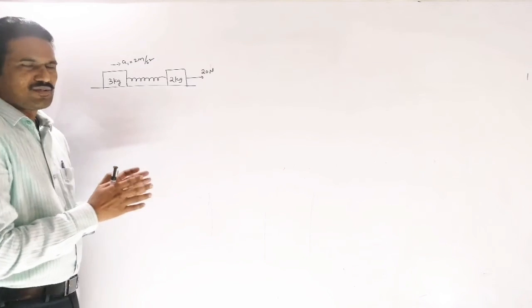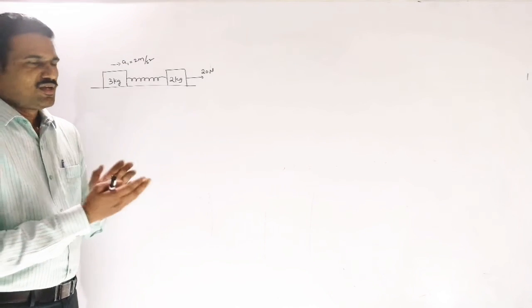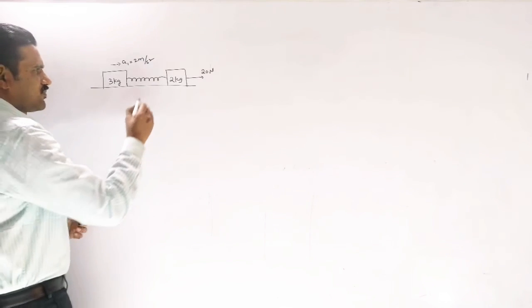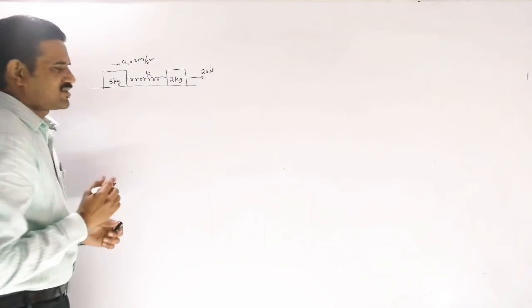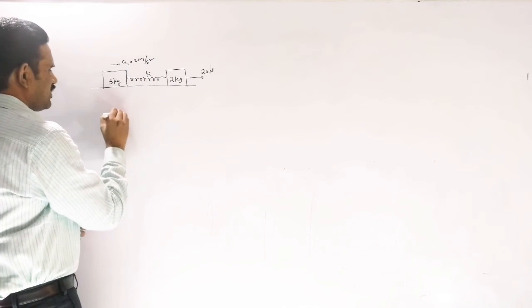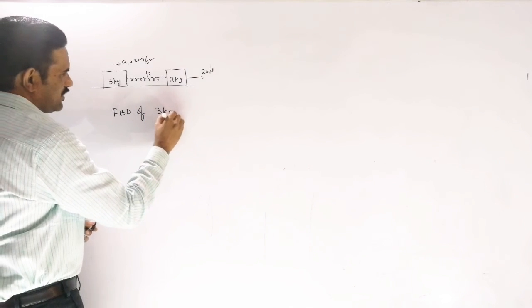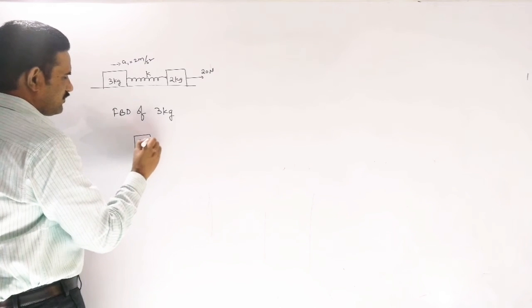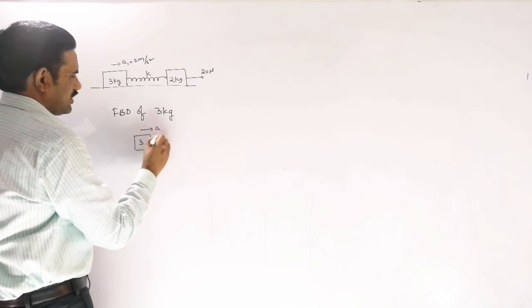Just see here, simply you need to take the FBD of the 2 kg block and the FBD of the 3 kg block. Then easily you can calculate the acceleration of this block. Let's suppose I am taking k as the spring constant here. So if you take the FBD of the 3 kg block, there is some acceleration here, say a1.